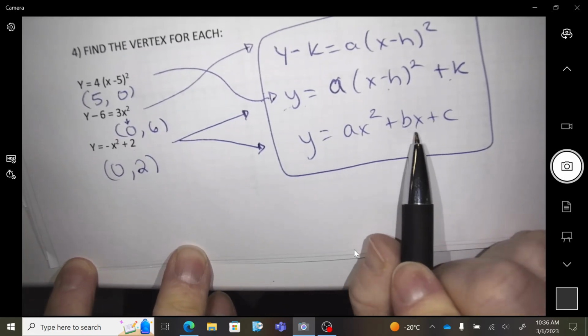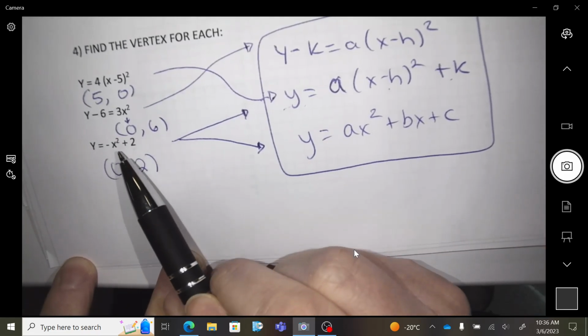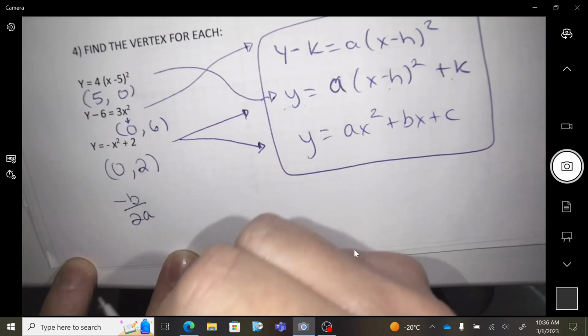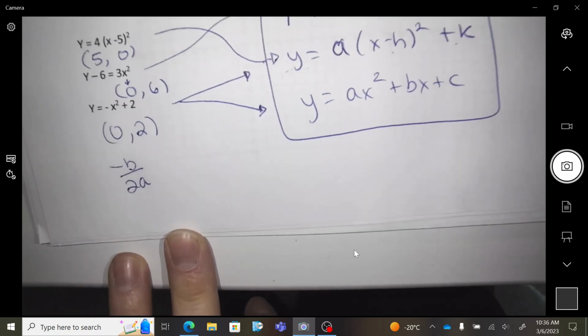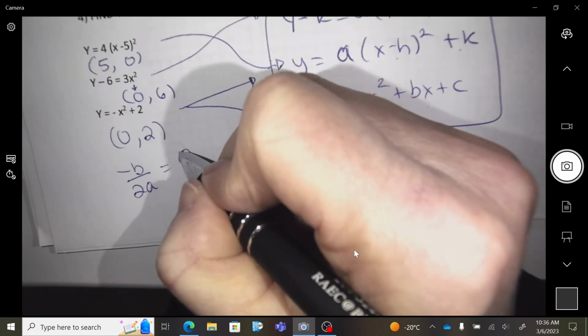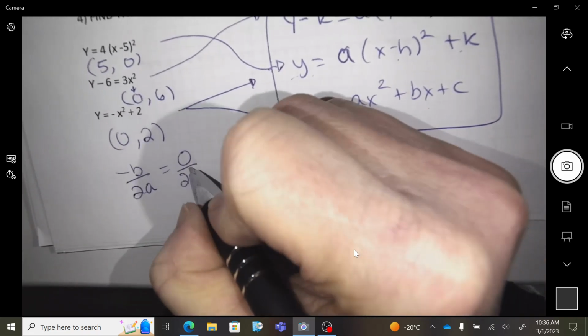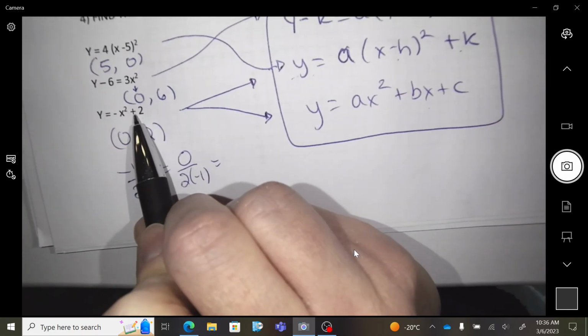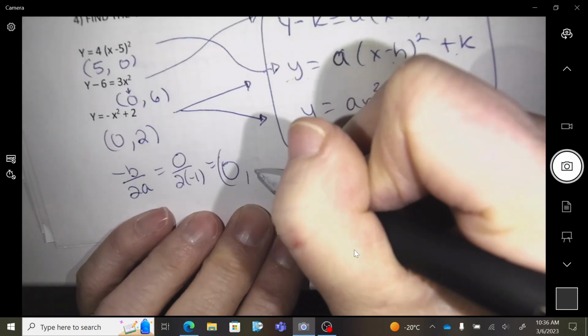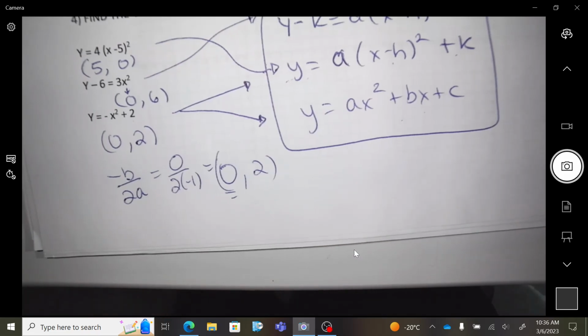If you had looked at it like this, then what do you do with negative b over 2a? What is the b value? 0. There's no x term, so that's why you get 0. And when you plug 0 in, you get 2.